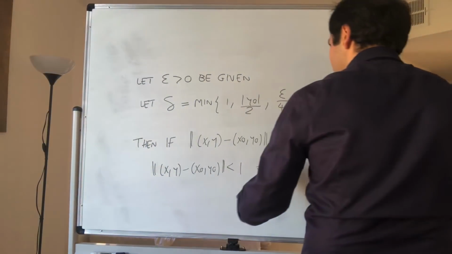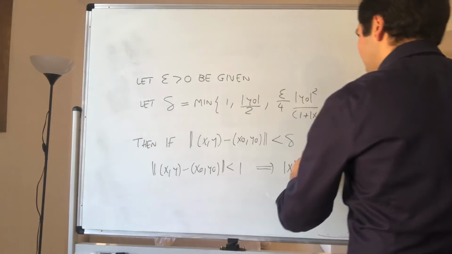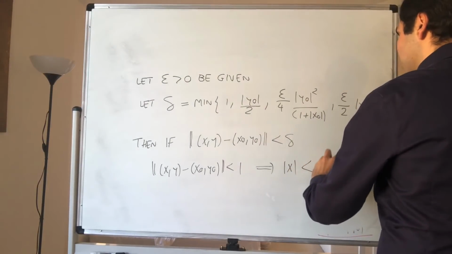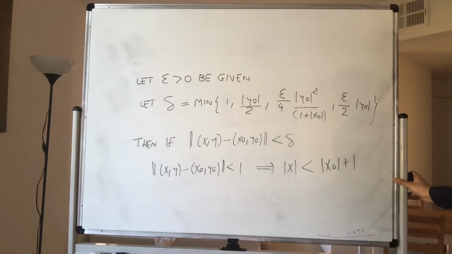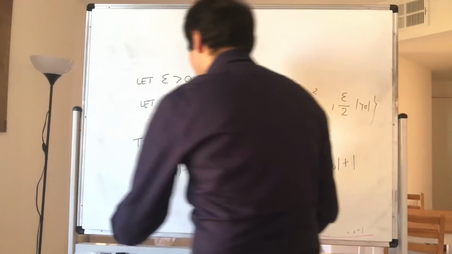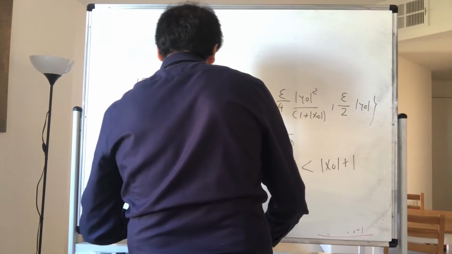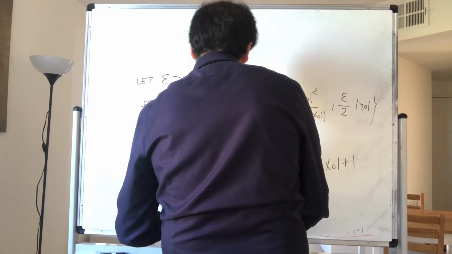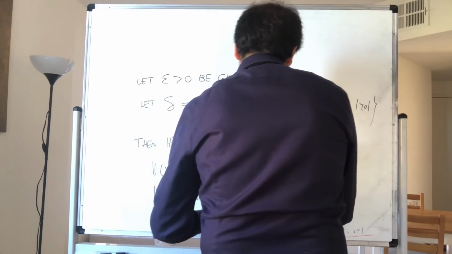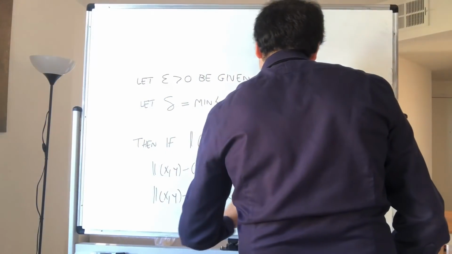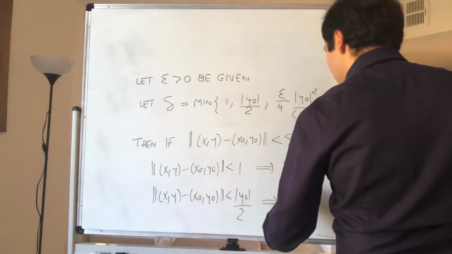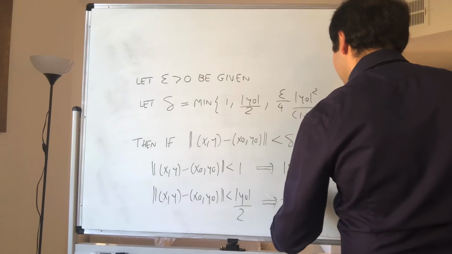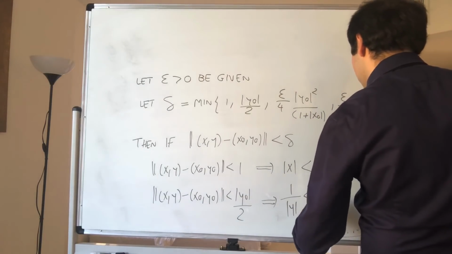And remember, we concluded from that |x| is less than |x naught| plus 1. Moreover, we also had |y minus y naught| is less than |y naught| over 2, which implies that, remember, 1 over |y| was less than 2 over |y naught|.